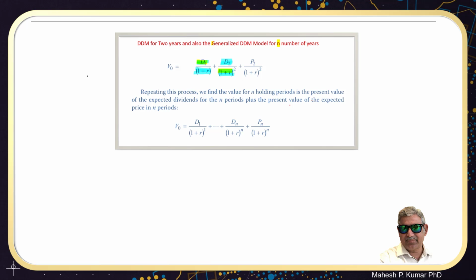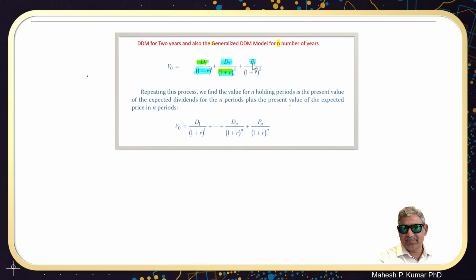So the first dividend would be discounted at the required rate of return for 1 year. This is definitely 1, but we don't write 1, so it is assumed. The second dividend would be discounted at the required rate of return for 2 years, so that would be (1 plus r) whole exponent 2, and eventually after 2 years we will sell the share.